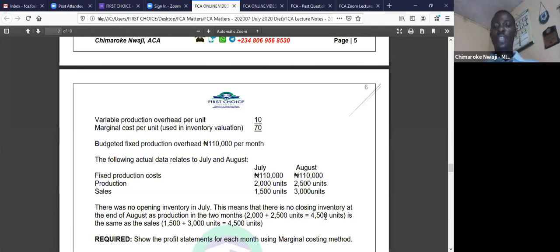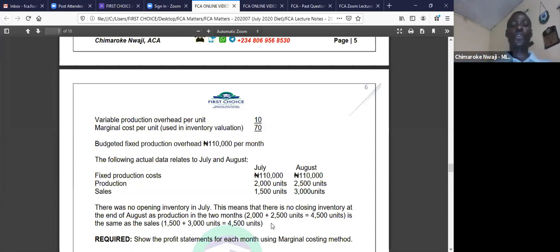It gives you 4,500. So that is what is produced for the 2 months combined. Now look at the sales. This 1,500 here, add it to 3,000 for August. It means that he also sold a total of 4,500 during that 2 months period. It shows you that there is no closing stock in August.